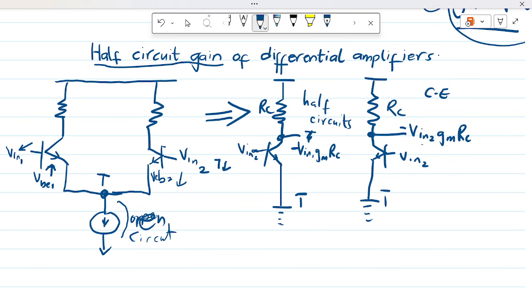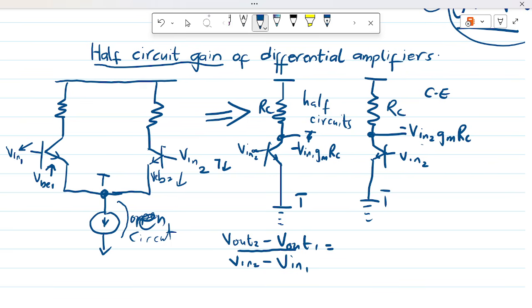Okay, so what we want to do now is to find the differential gain. So the differential gain is going to be the differential output, Vout2 minus Vout1, all over the differential input, which is Vin2 minus Vin1.